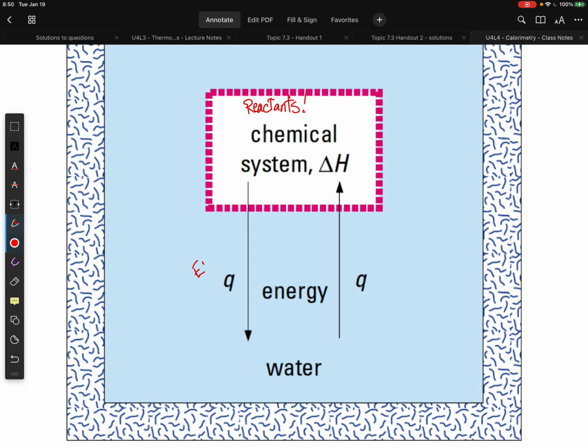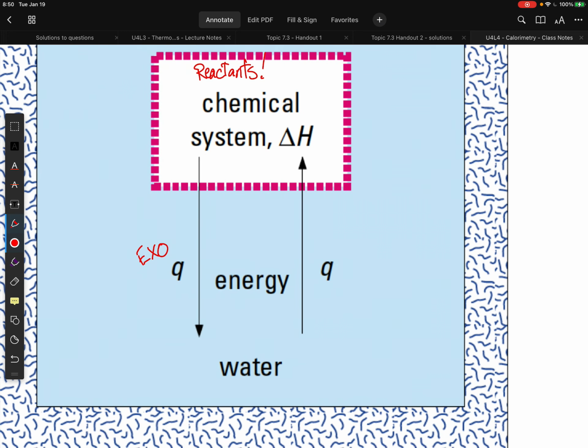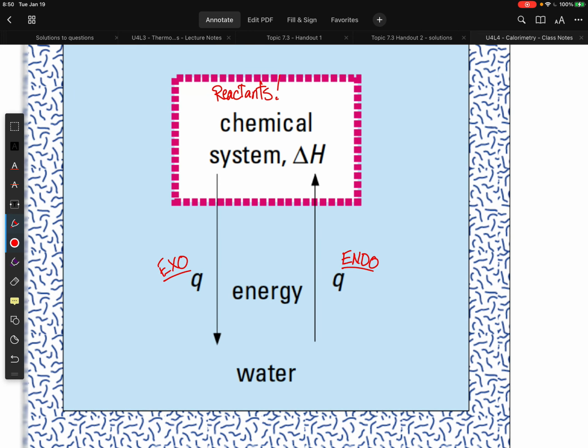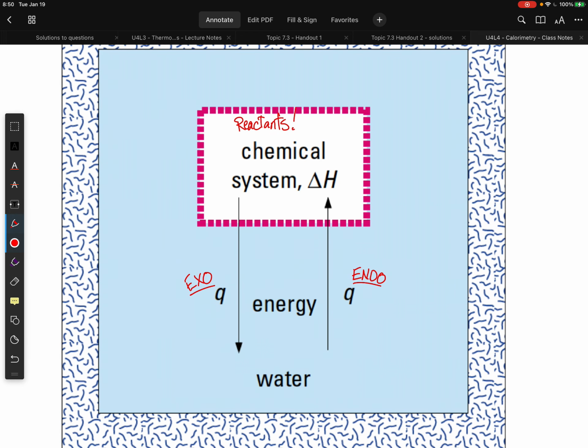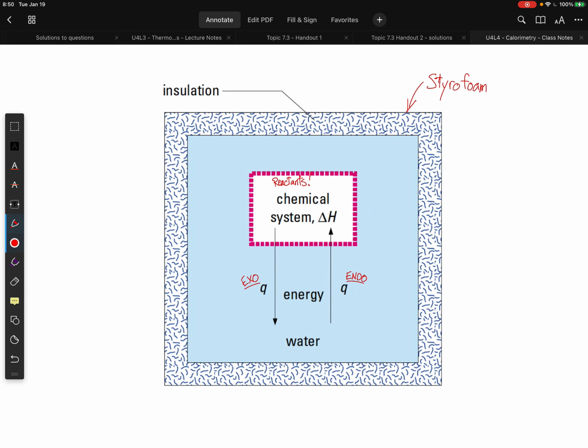So here we have an exothermic process. If energy goes from the water into the system, then our chemical system is endothermic. Okay? Remember, we're looking at what's happening to the chemical system, not what's happening to the water. We're measuring the temperature change of the water so we can calculate the energy going in and out of the chemical system. But our water is effectively a measuring tool.